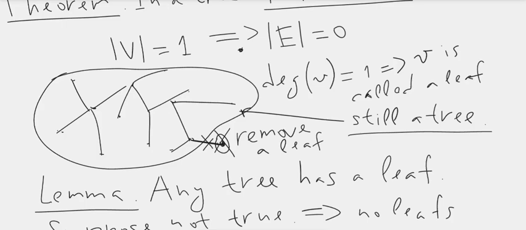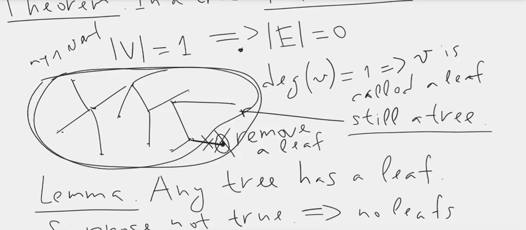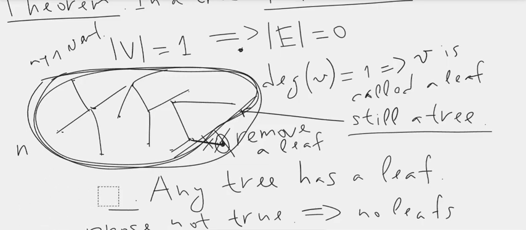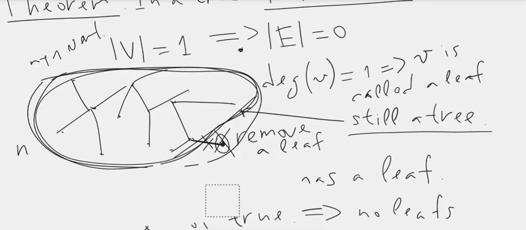So if there are n plus 1 vertices in the whole graph, then in the graph with the removed vertex there are n vertices.